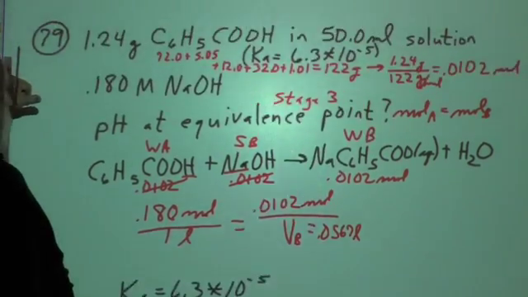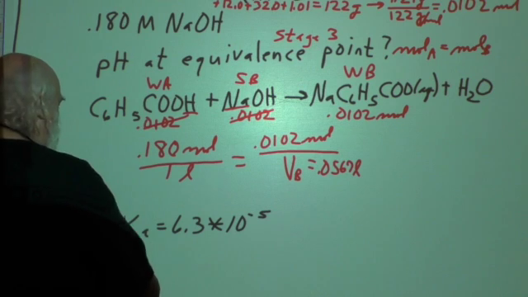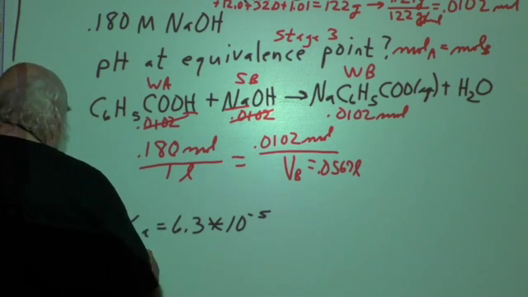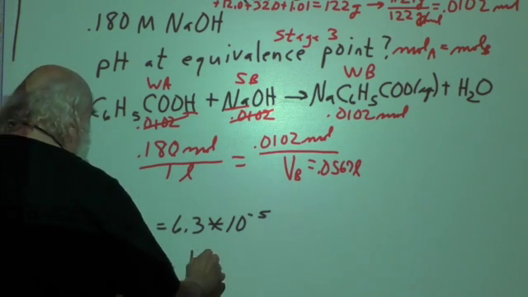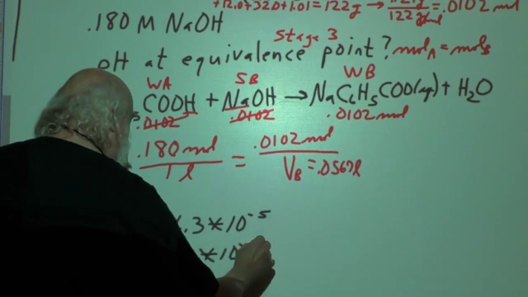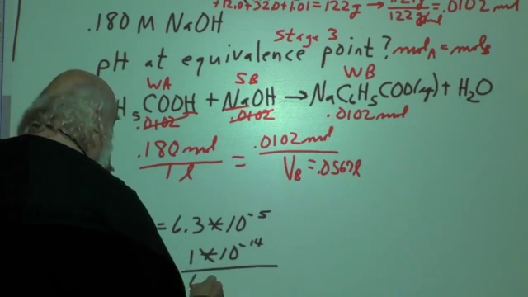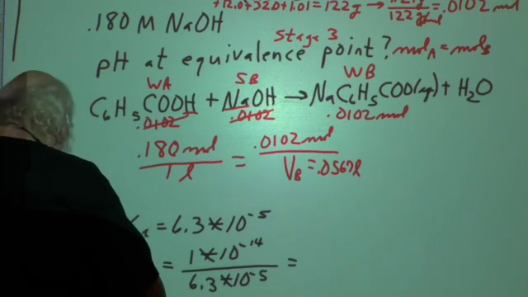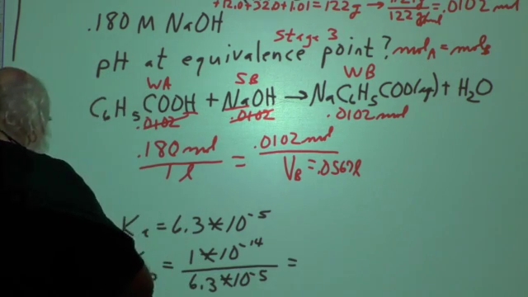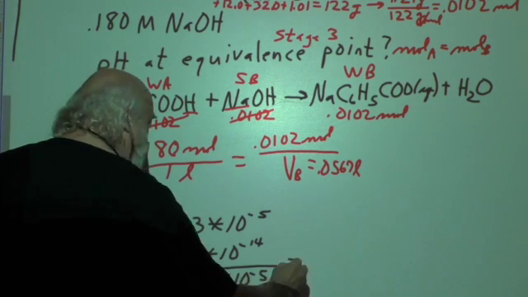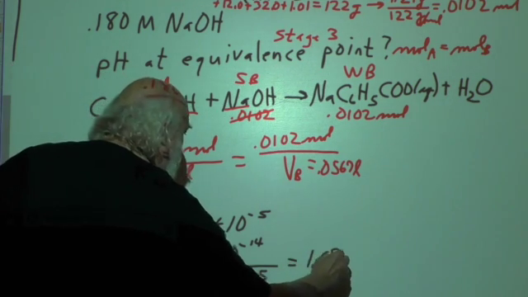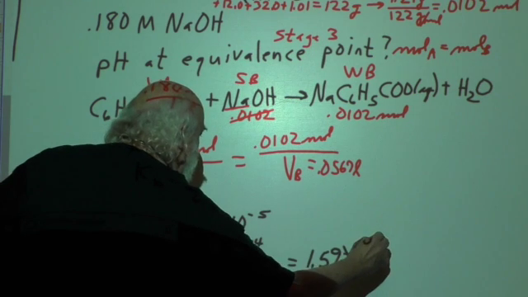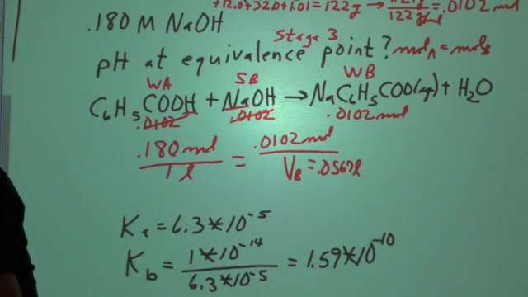Is that correct? Negative fifth, yes it is. And then we need to find the Kb by taking 1 times 10 to the negative 14, dividing by that 6.3 times 10 to the negative 5. And I get 1.59 times 10 to the negative 10. That is my Kb.